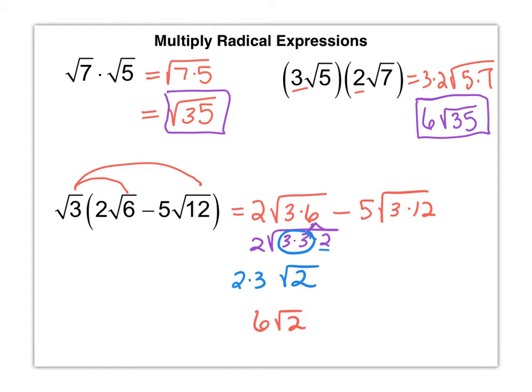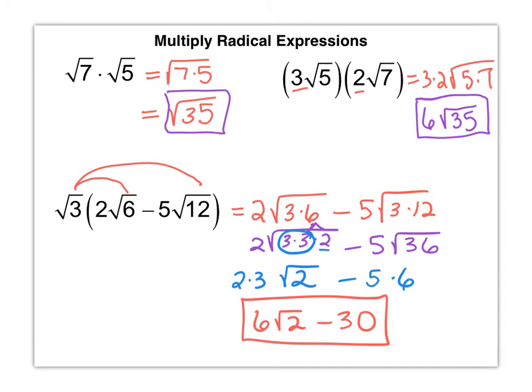We see that 3 times 12 is 36, and 36 is a perfect square. So we can write this second term as minus 5 times the square root of 36, which is 6, and 5 times 6 is 30. So this is our answer when multiplying the radical square root of 3 times the binomial 2 square root of 6 minus 5 square root of 12.